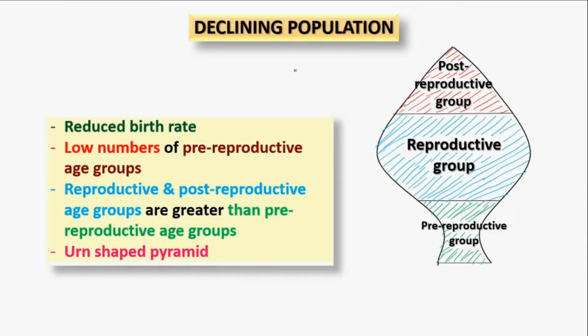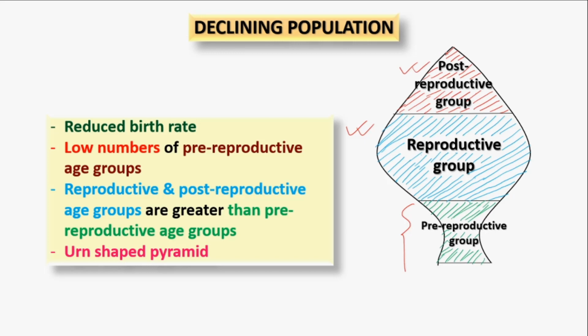Next is the declining population. As you can see in this diagram, the lowermost part, which is the pre-reproductive group, covers a smaller area, which means a low number of individuals in the pre-reproductive group, but the reproductive group covers a larger area, which means a higher number of individuals in the reproductive group, and it starts to decline in the post-reproductive group as well.